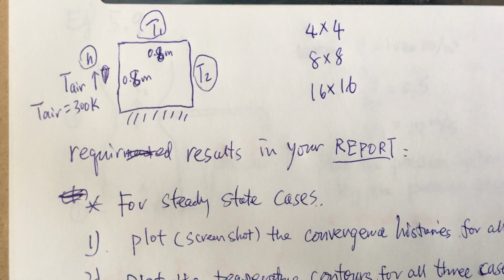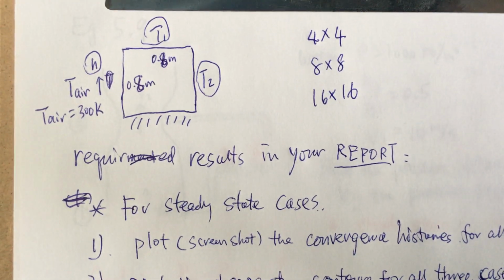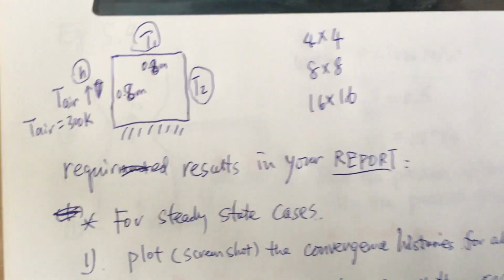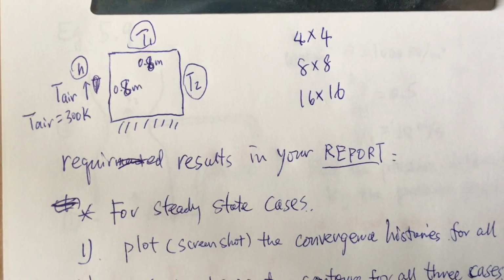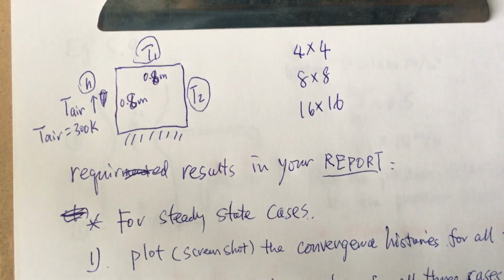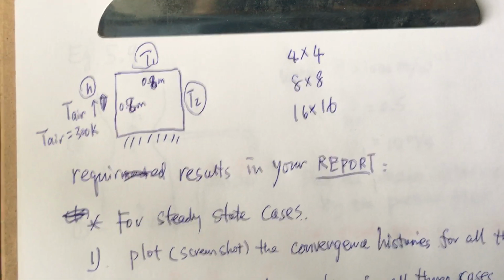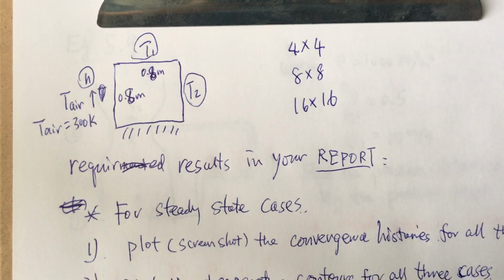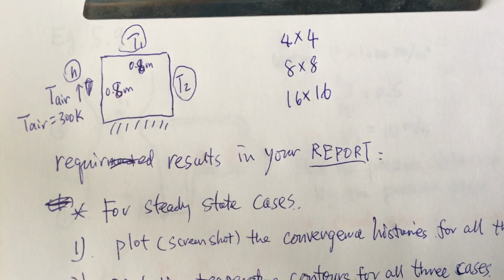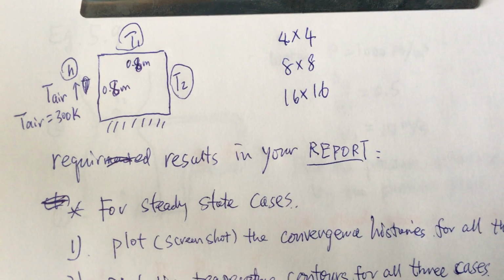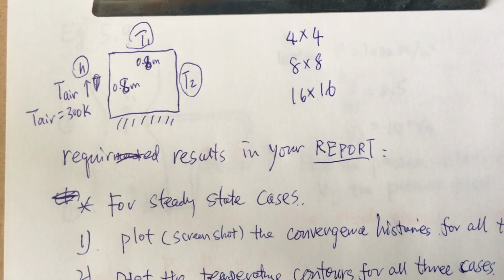You are going to run at least 3 cases. You will actually run 6 cases: 3 cases for steady state and 3 cases for transient simulation. You will make a 4x4 mesh, an 8x8 mesh, and a 16x16 mesh.